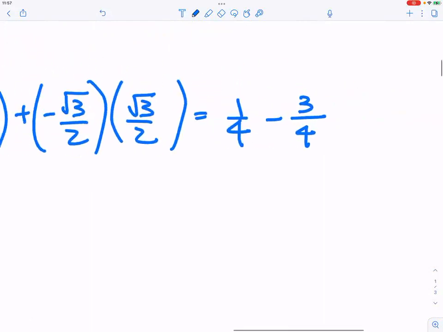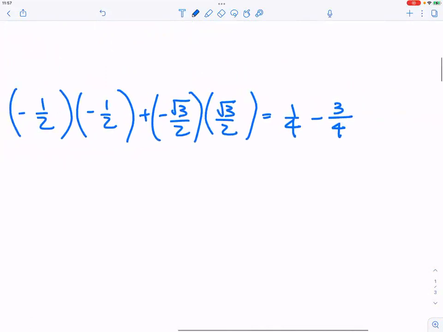So 1 minus 3 is negative 2 over 4. So that is negative 1/2.